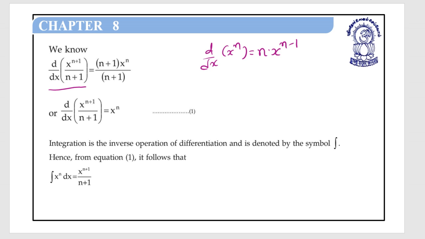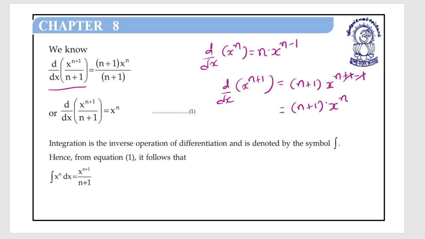For x raised to n plus 1, it becomes n plus 1 into x raised to n plus 1 minus 1. Plus 1 and minus 1 cancel, so n plus 1 into x raised to n.